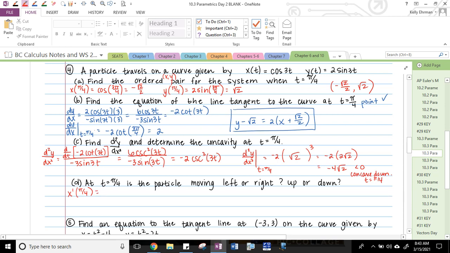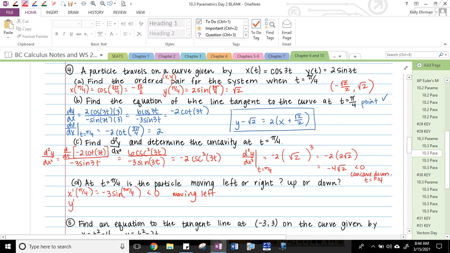Not the whole derivative put together, but just x prime itself. So that was negative 3 times the sine of 3 pi over 4. It doesn't really matter what the numerical value is. It's a negative times a positive. I mean, you can find it. It's negative 3 times radical 2 over 2. But that's less than 0, so the particle is moving left.